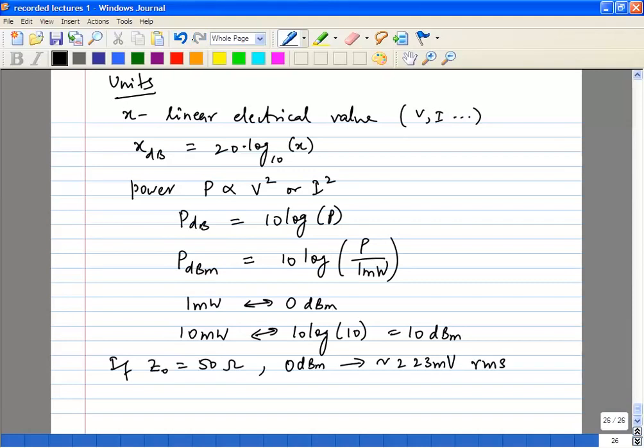That is, the voltage swing of a 0 dBm signal at an impedance of 50 ohms is 223 millivolts. And you will also occasionally see people talking about dBV, for example. So if you have a 1 volt signal, that could correspond to 0 dBV. Okay, so that is occasionally used.